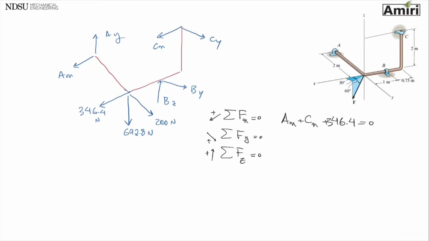For Fy, anything that points in the Y direction or has a subscript of Y: 200 plus BY plus CY equals 0. Just put units there. Summation of forces in the Z direction: AZ plus BZ minus 692.8 newtons equals 0.